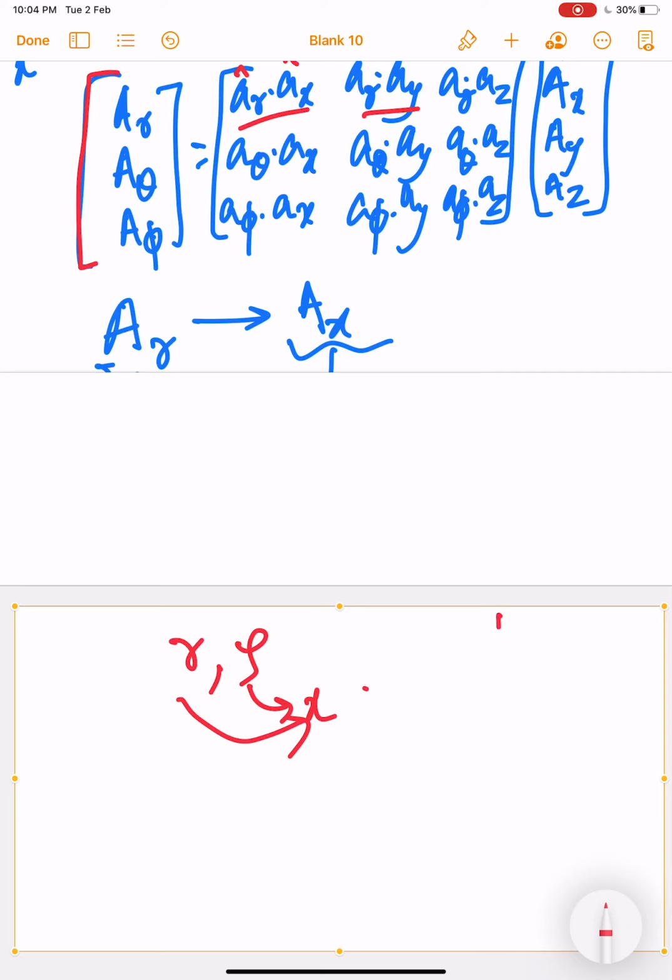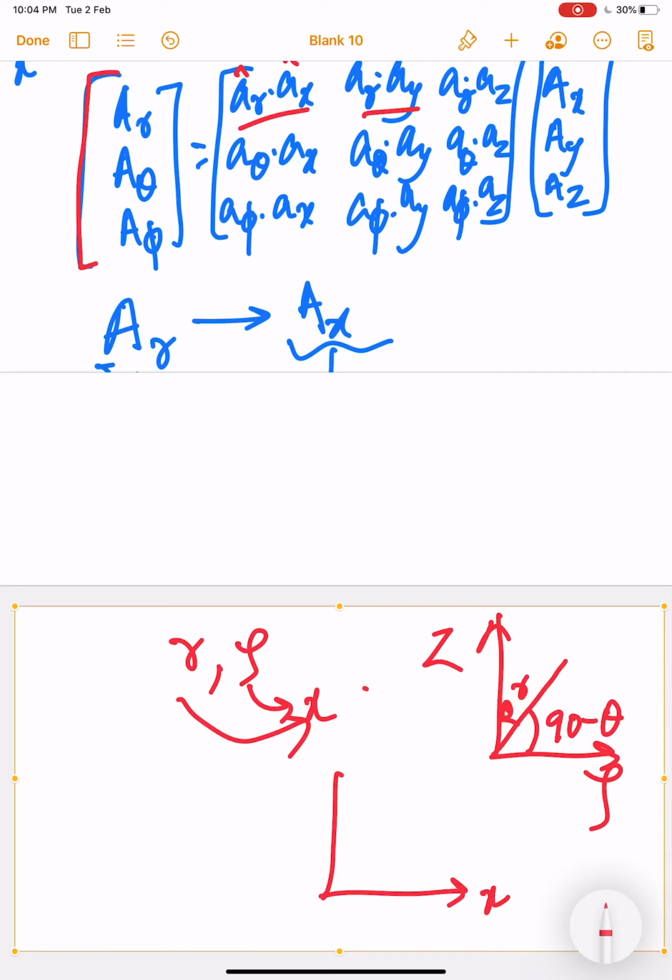Okay, in that way we can take out the angle between these two. So first of all, as we know, this is Z, suppose this is rho, this rho is in our xy plane, and this is R, this is angle theta. So the angle between R and rho is 90 minus theta. Okay, and let me draw the xy plane over here.